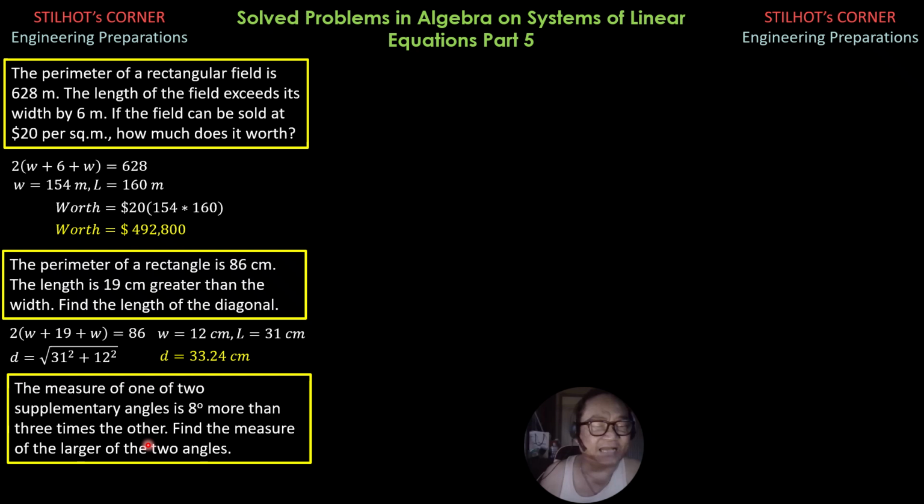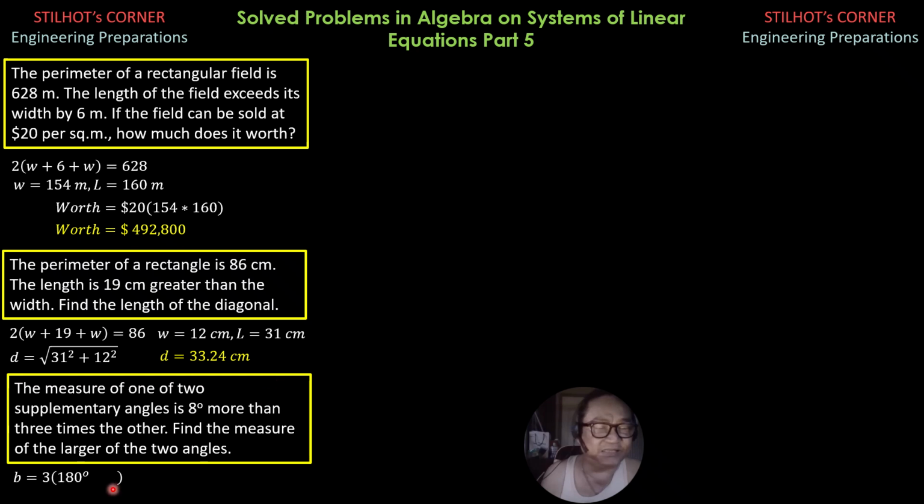So if the larger supplementary angle is denoted by B, then the smaller would be 180 degrees minus B. And since the larger B is 8 more than 3 times the other, that means B is equal to 3 times quantity (180 minus B) plus 8.